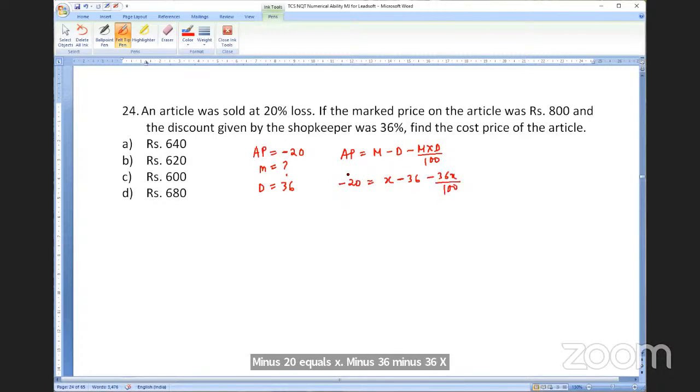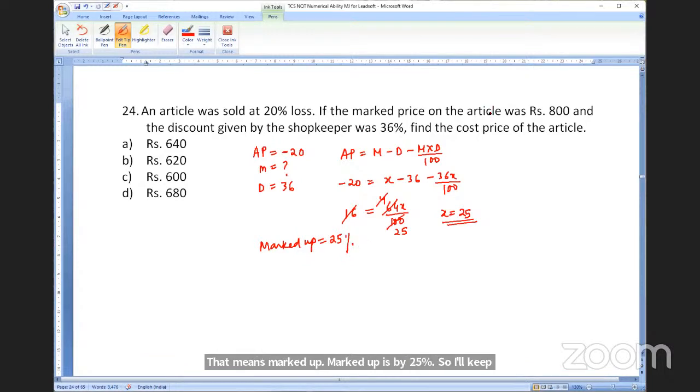So minus 36 will come here, plus 36, 16 equals X minus 36 is 64X by 100. 16, 64 goes 4 times, 400 is 25. So X is 25. That means the shopkeeper had marked up by 25%.